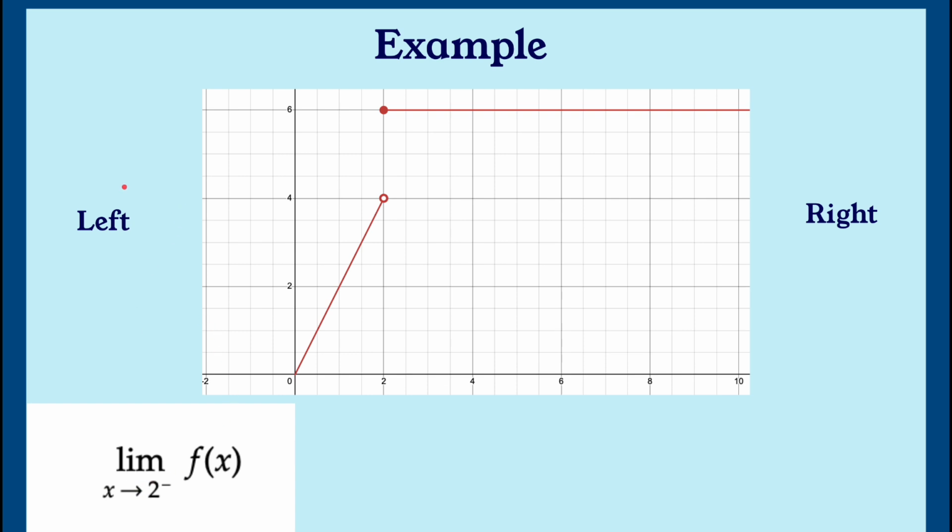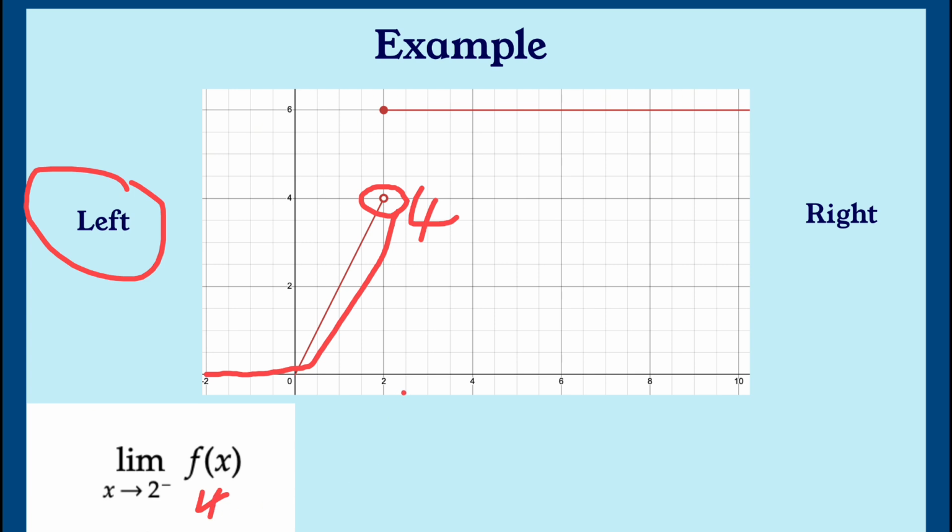To find this, I'm going to approach 2 from the left. So I'm going to go from the left and just follow this function until I get to 2. When that happens, I see that I approach a value of 4. So this is going to be 4.